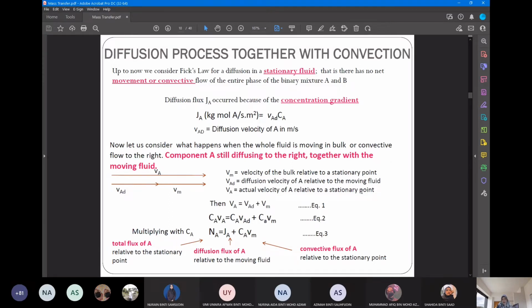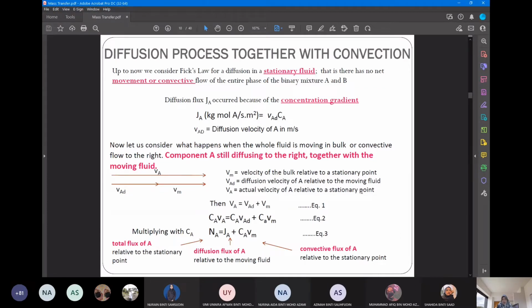What is moving? Your car is moving. So when they take the speed of your car, it represents VA, the actual velocity of the car relative to the stationary point where the camera is placed.